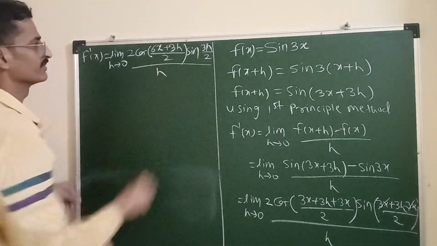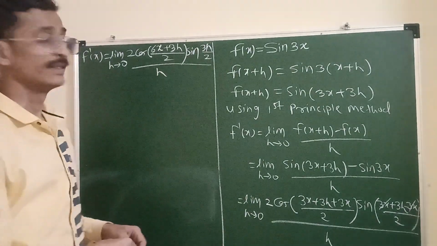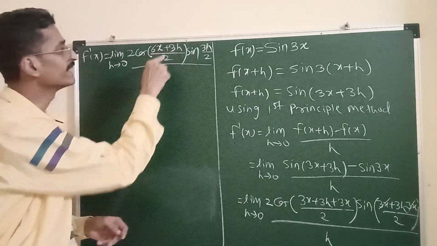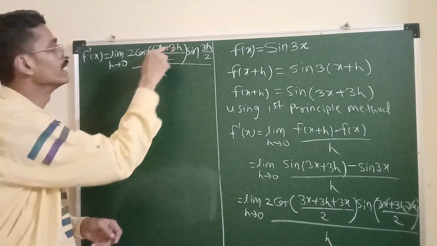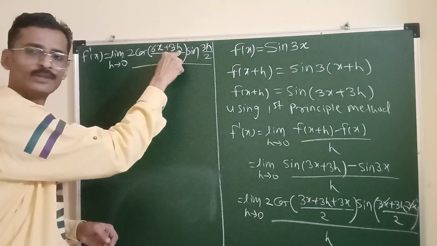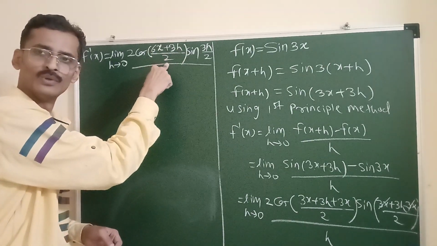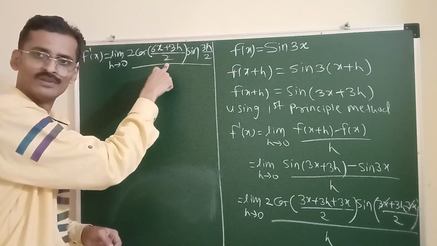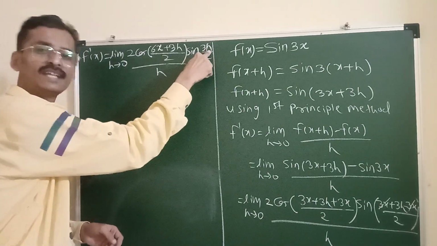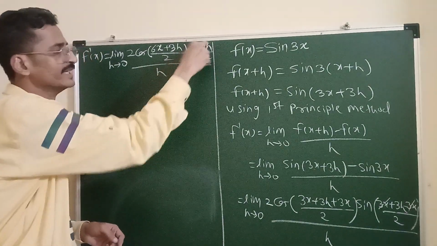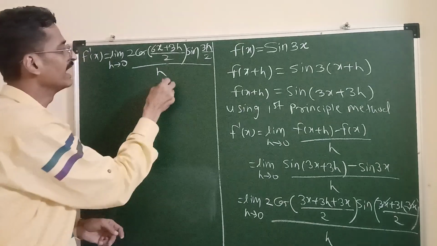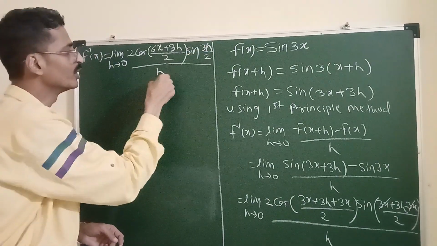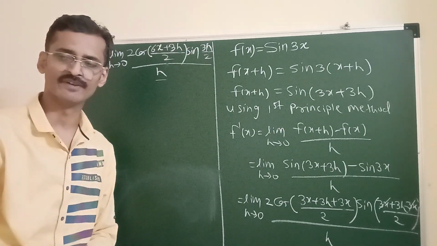Now check again: if we put h equal to 0, the cos part becomes 6x by 2, so the answer is not 0. But in the sine part, if we put h equal to 0, sine 0 is 0 and the denominator is 0. So this is our 0 upon 0 form, which we have to simplify.